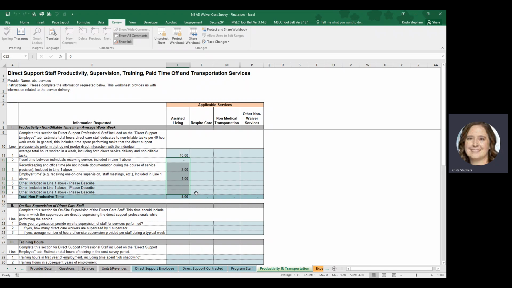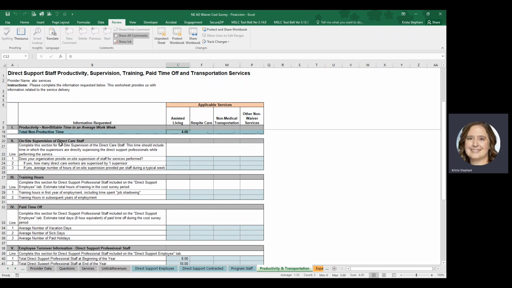What we want to capture here is that time that is not necessarily spent working one-on-one with the individuals, but rather doing other duties that support that individual's service needs, so that we can use that information in evaluating rates for each of these services.